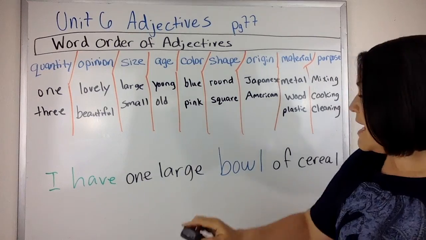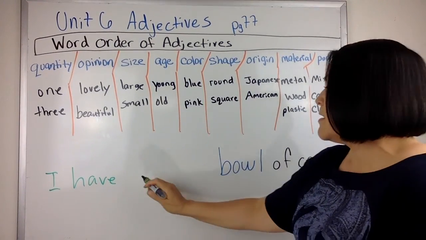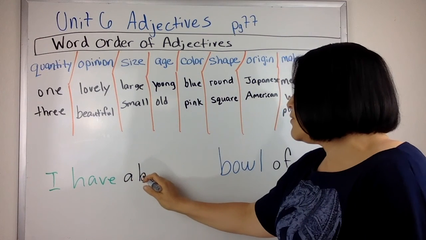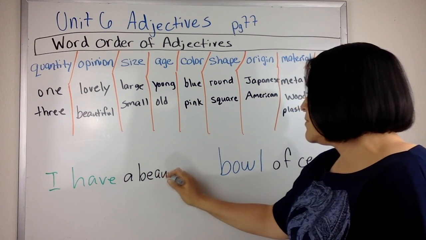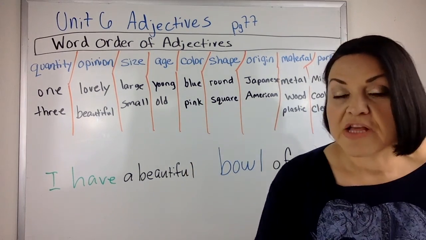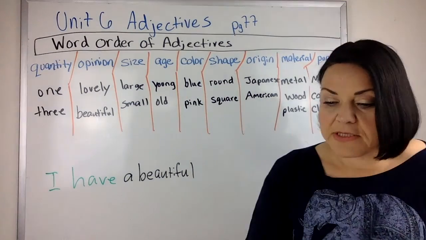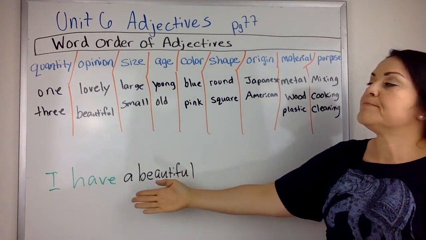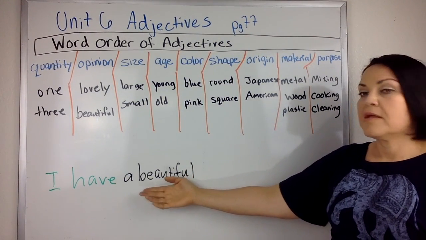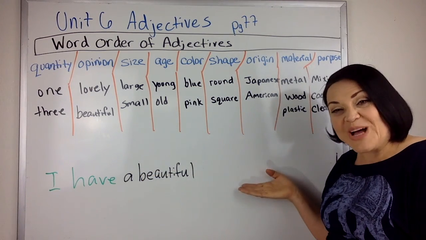You can say, I have a beautiful, full. So to be honest, when it comes to adjectives, technically, you can use as many as you want.